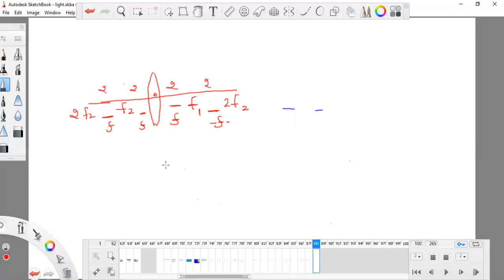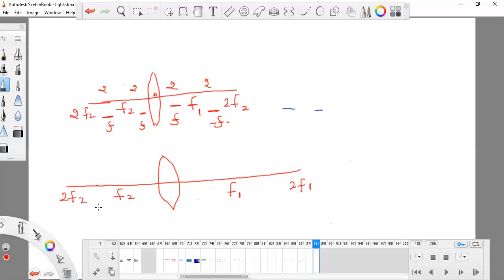Now I'm drawing another lens, which can have more diameter, and it has a focal length that can be more than 2.